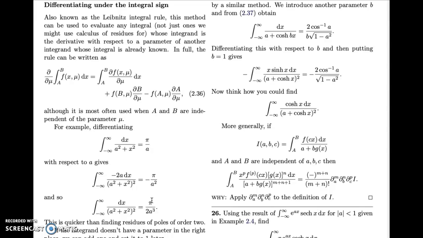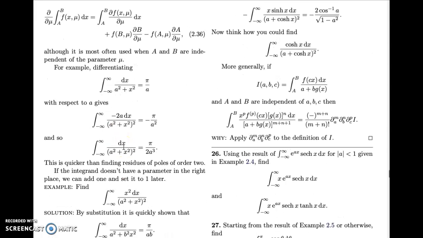The thing is really being able to spot that the integral you want is the differential, with respect to some parameter, of an easier integral. Now, what happens if the integrand of the integral you want to do doesn't have a parameter in the right place?